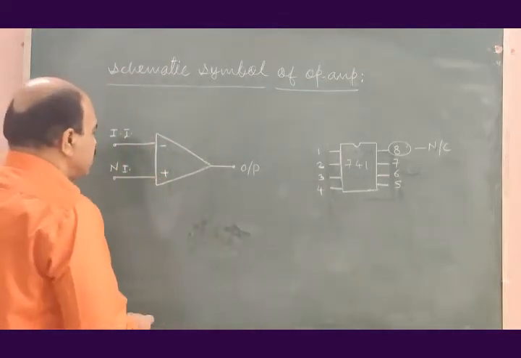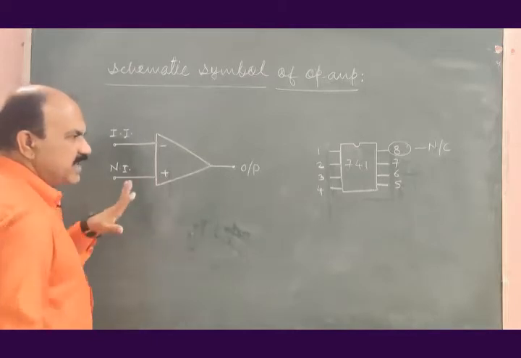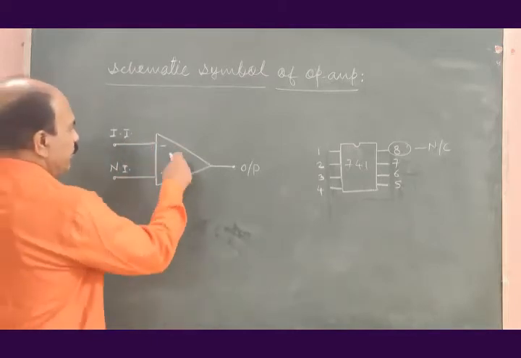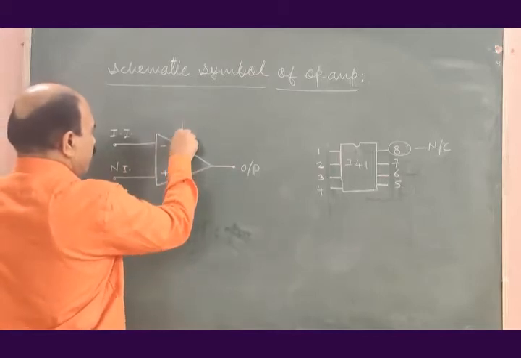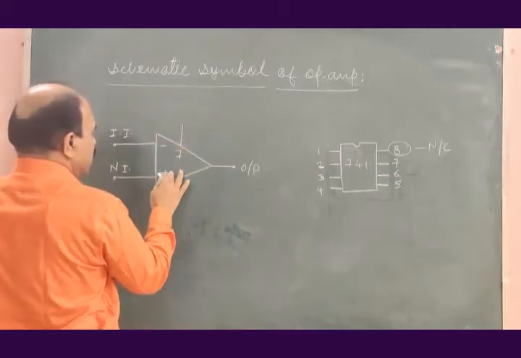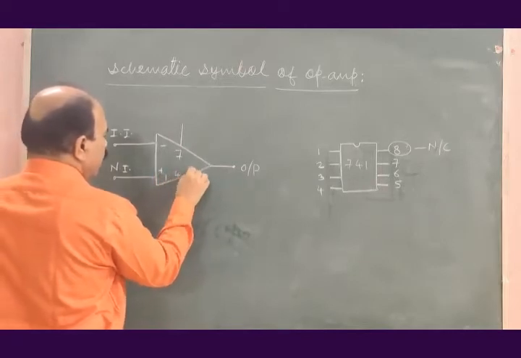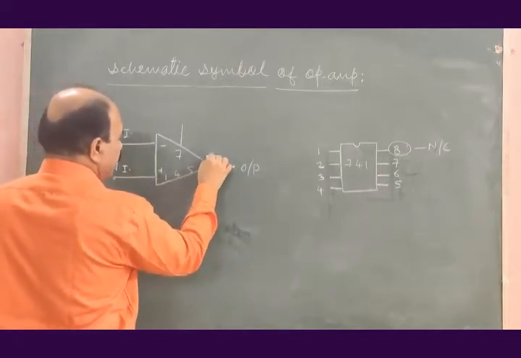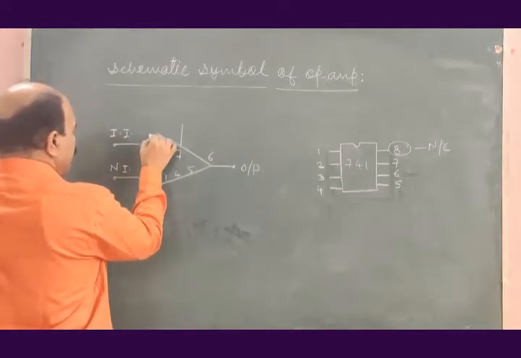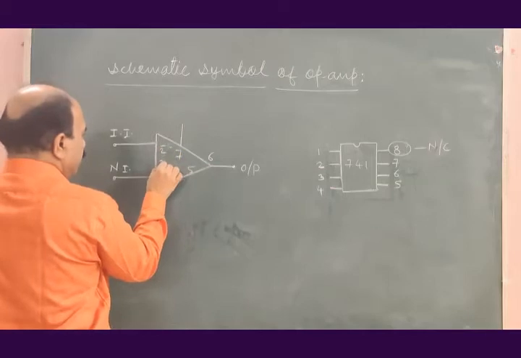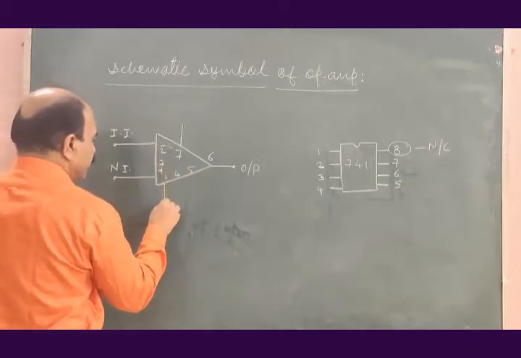Let me represent these pins here, although there is no need to represent them in the symbol. Pin number 7, 1, 4, 5, pin number 6, pin number 2, pin number 3.